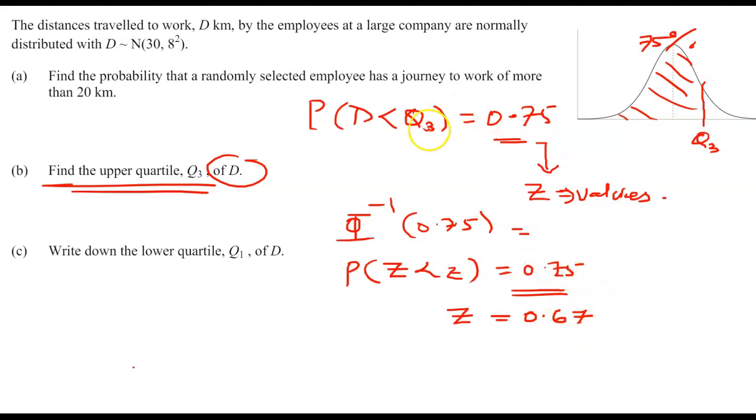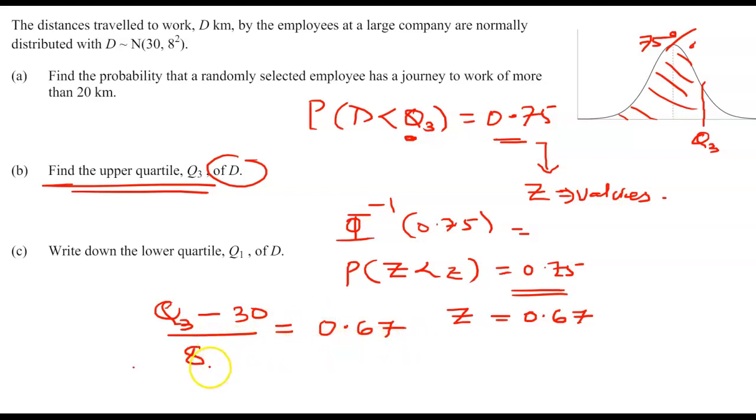That means when you standardize this Q3, you have Q3 minus the mean, which is 30, over the standard deviation, which is 8, and the answer should be the Z value, 0.67.